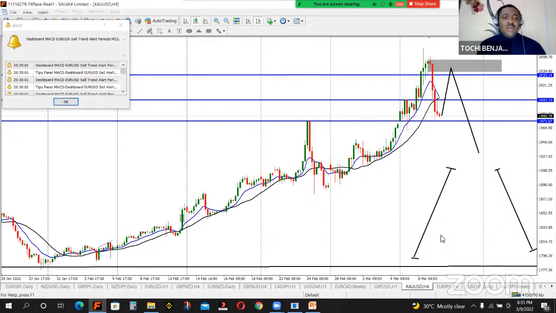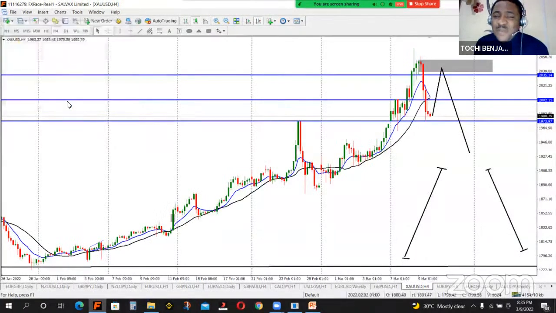For you to trade Fibonacci, listen, please, you should have identified a swing. That is the first thing you must identify. Where is the swing?